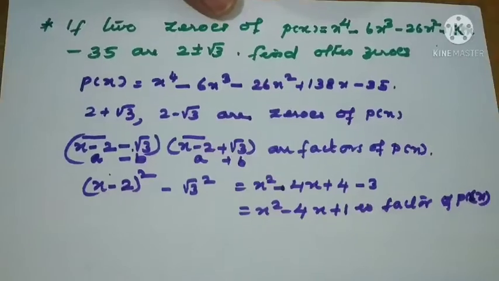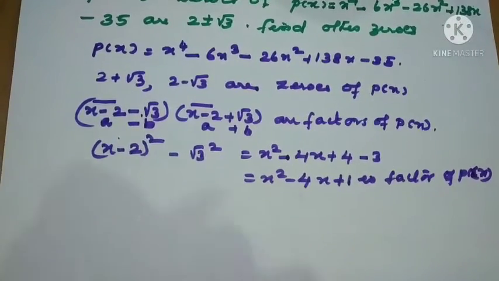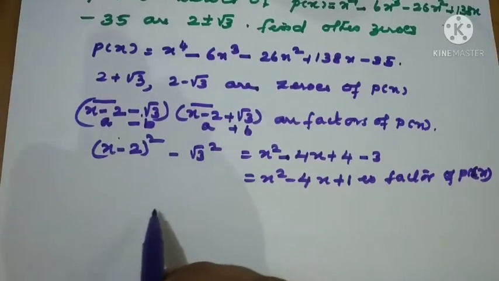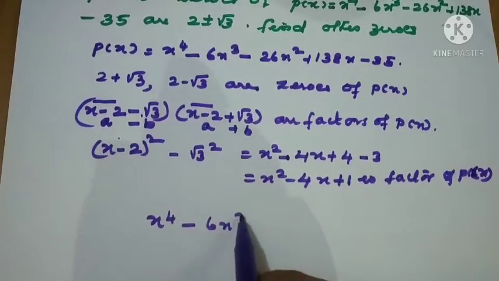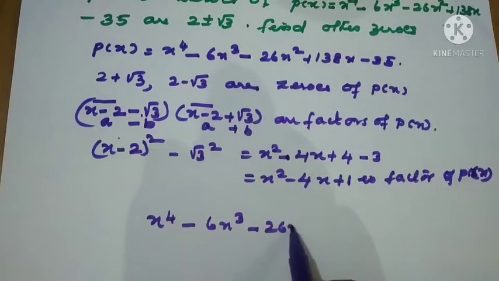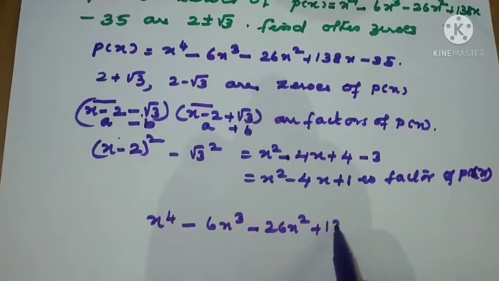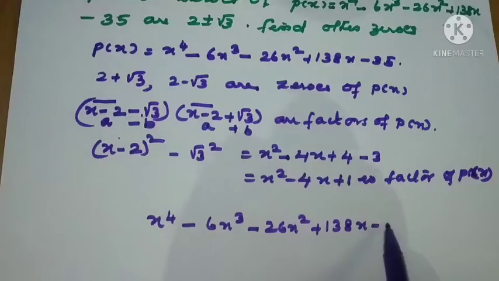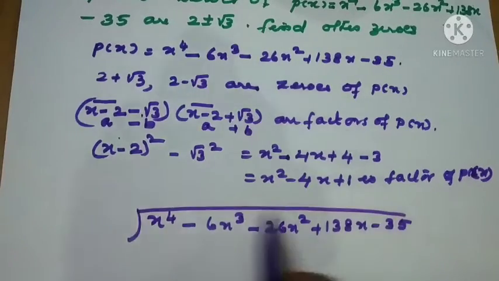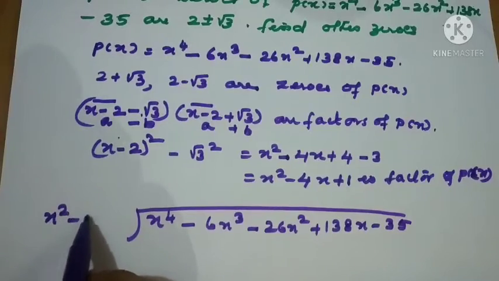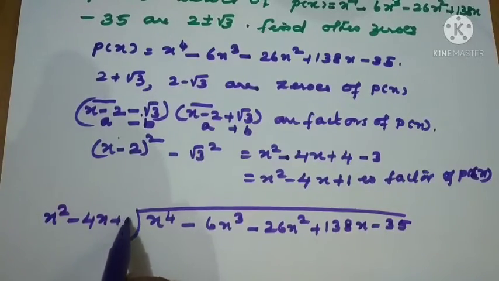Okay. So what is the next step? It should be divided into p of x. So I'll write p of x here: x raised to 4 minus 6x cube minus 26x square plus 138x minus 35, divided by x square minus 4x plus 1.